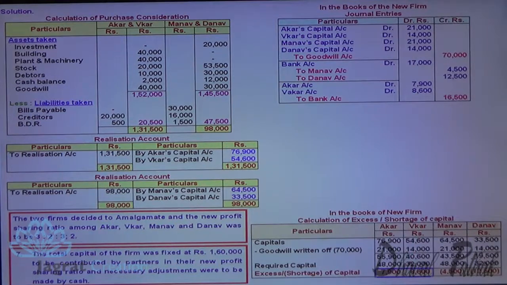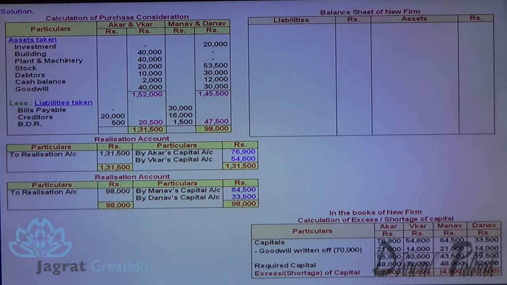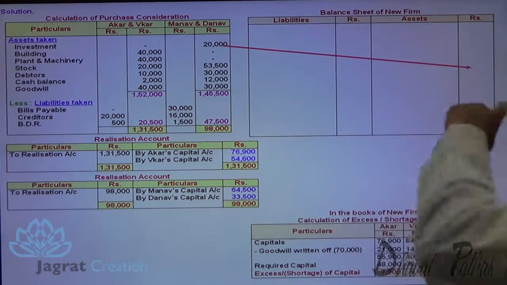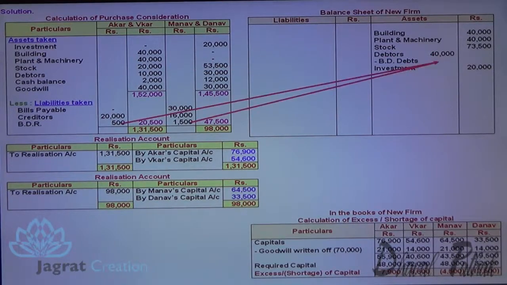Now after doing all these things, I would like to prepare the balance sheet. In the balance sheet, I will write all the assets by totaling. Investment, then I write building, then plant and machinery purchased for 40,000, then total of stock, total of debtors I write in the inner column. From that, bad debt reserve is going to be deducted.